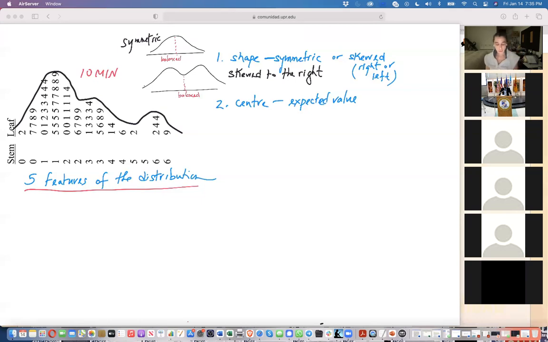So you want to find the expected value. You see there's lots of observations here, and that's why you like that one, 15. You see lots of observations. That's the one you like?